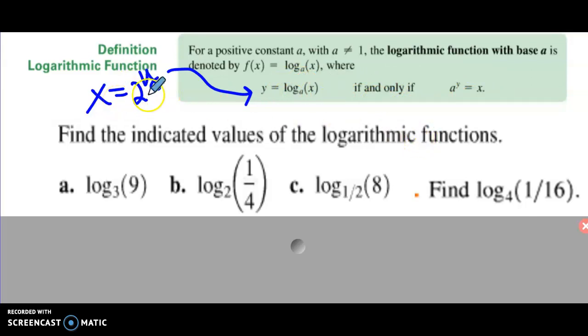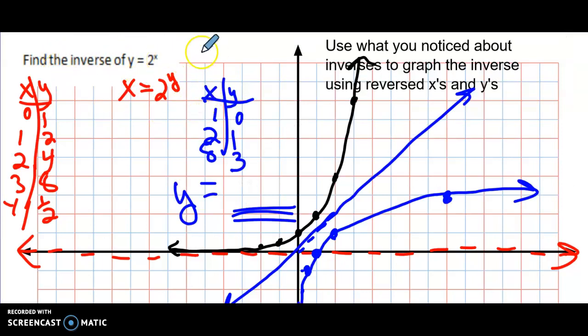So back to my problem, the inverse is y equals log base 2 of x, which is the exact same thing as saying 2 to the y equals x. But because I couldn't solve this for y, we invented this little word logarithm.